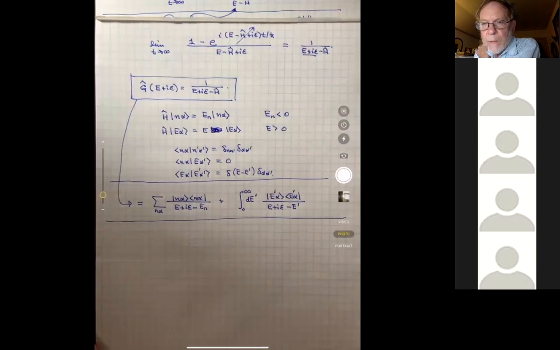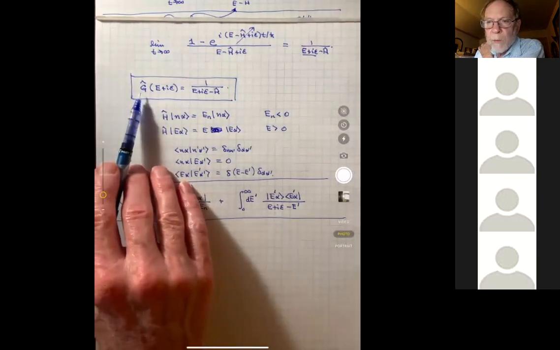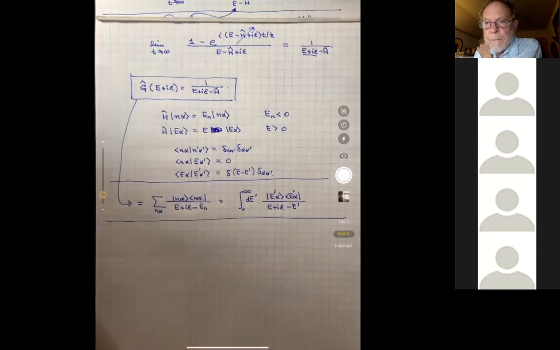So there's never any problem with a vanishing denominator. And glossing over details, let's just say that makes this G of E a relatively nice and well-behaved operator. So the point to make is that it's a well-defined operator.